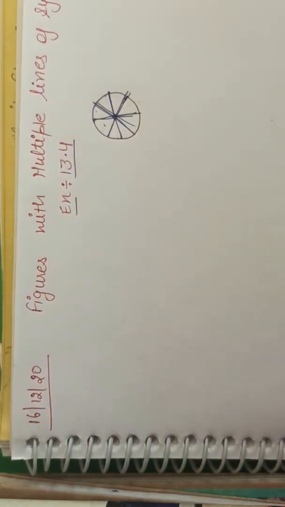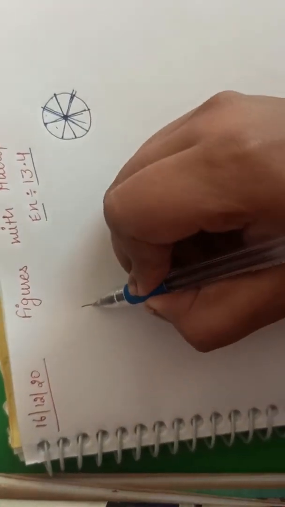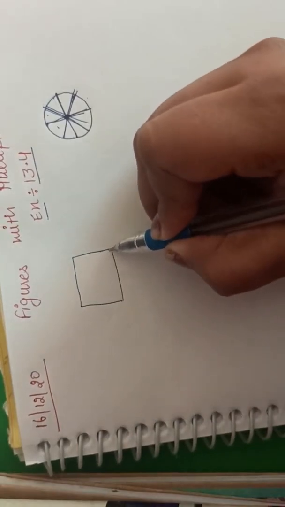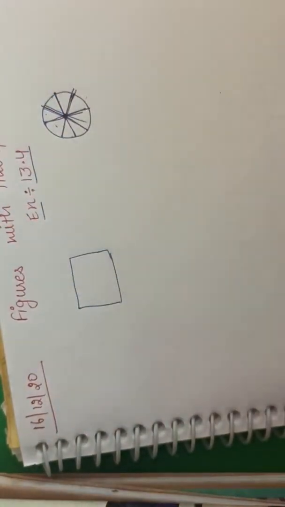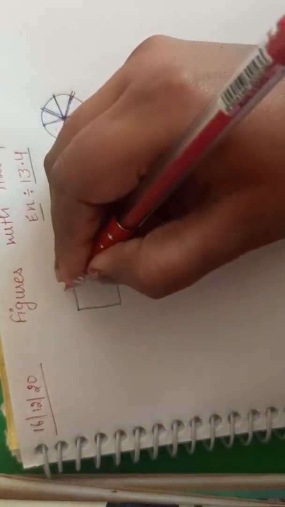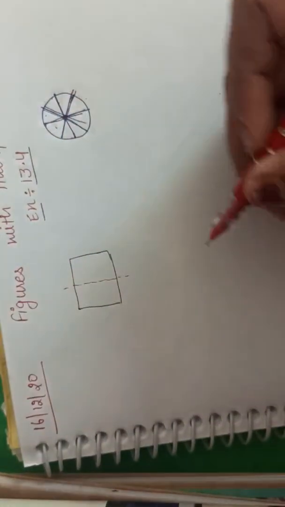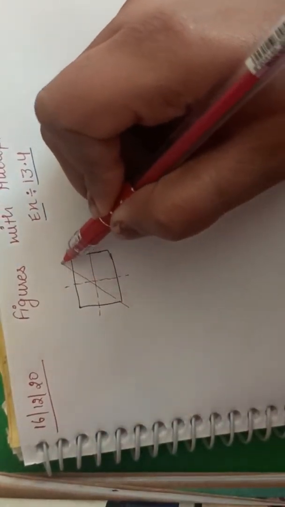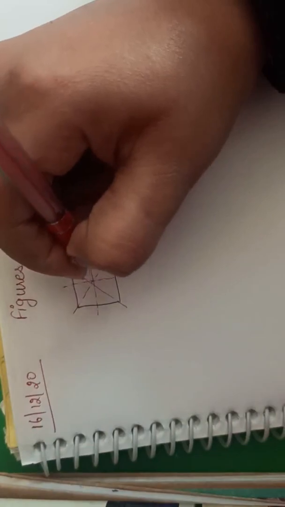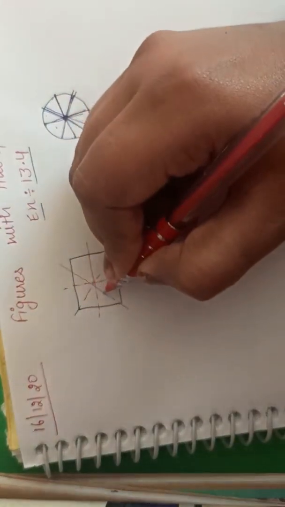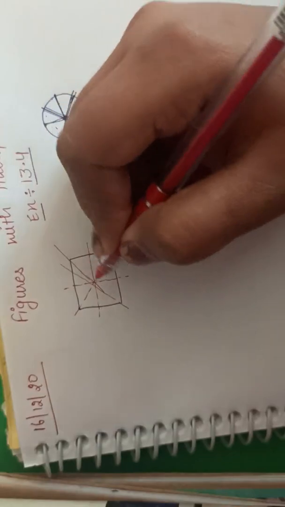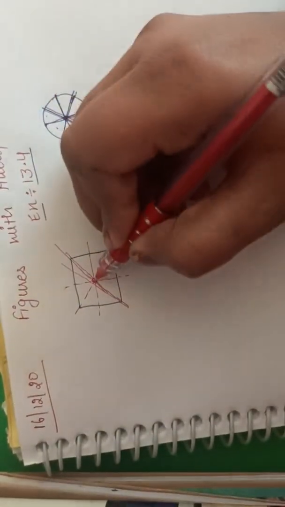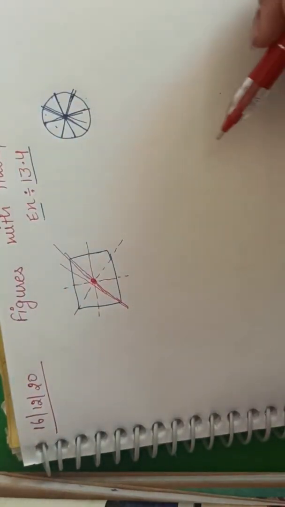After that, see, this is the square. In a square, all sides are equal, right? So in this there is also a line of symmetry, this one also, this one also. This line is passing through the center.